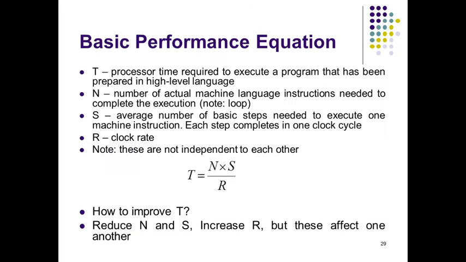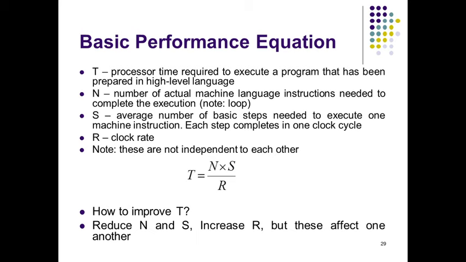Next important concept is the basic performance equation. We now focus our attention on the processor time component of the total elapsed time. Let capital T be the processor time required to execute a program that has been prepared in some high level language. The compiler generates a machine language object program that corresponds to the source program.